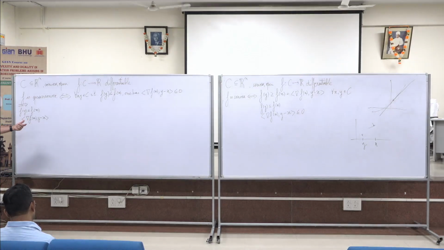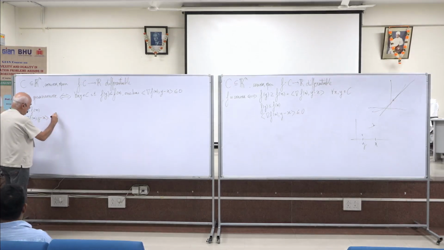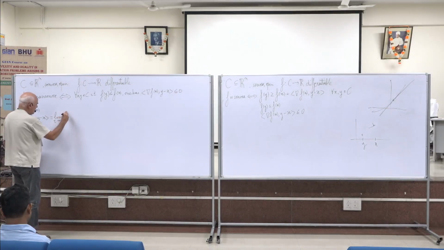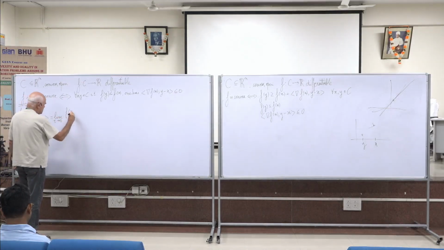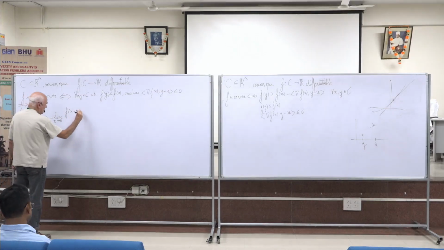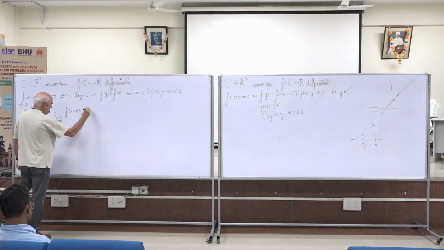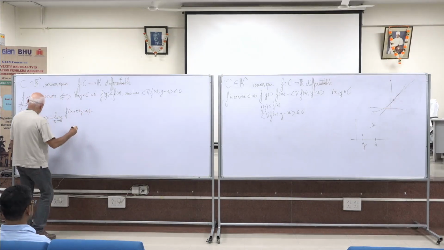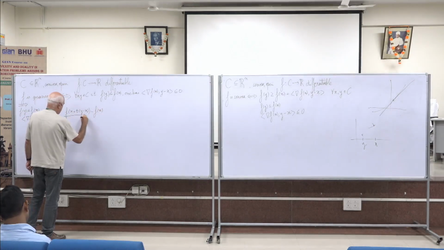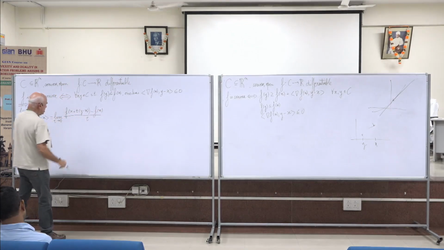So let's write the expression for the directional derivative. This is the limit as t goes to 0 of f of x plus t times the direction, minus f of x, divided by t.